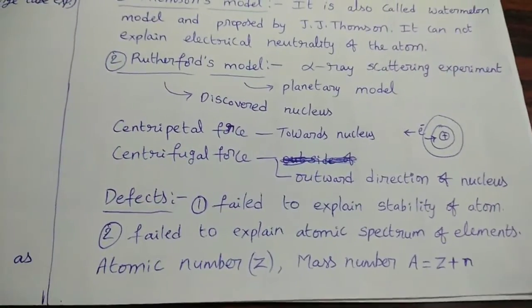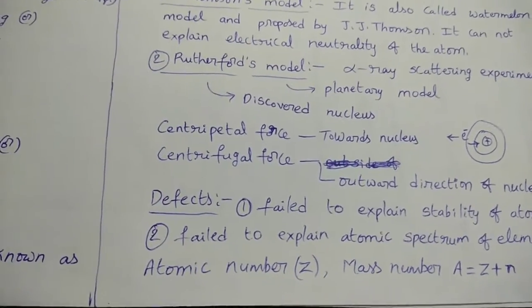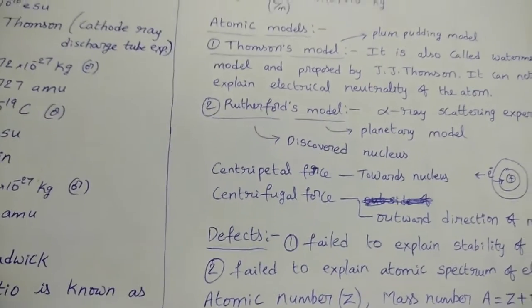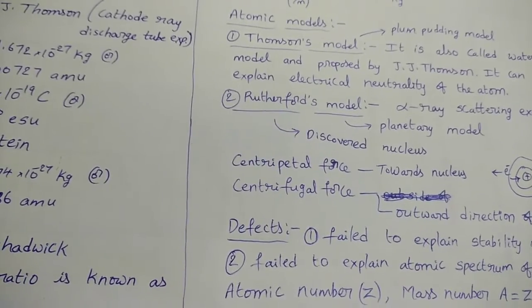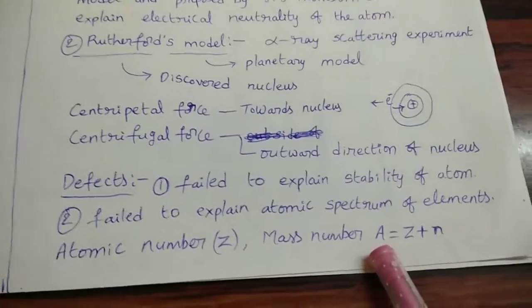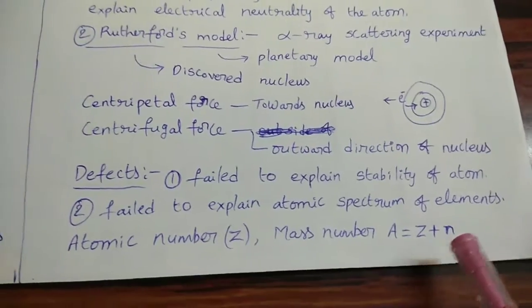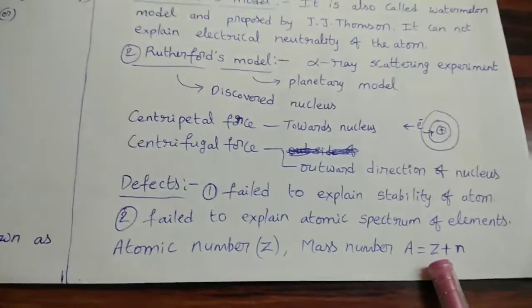Next, mass number. This mass number is related to the mass of the atom. That means the sum of the number of protons and neutrons is called mass number. So the mass number symbol is A equal to Z plus N. N represents the number of neutrons, Z represents the atomic number.